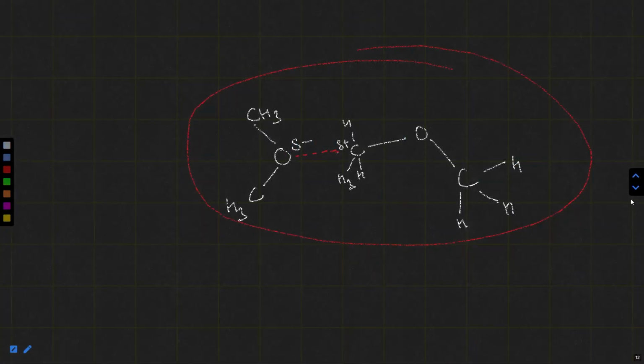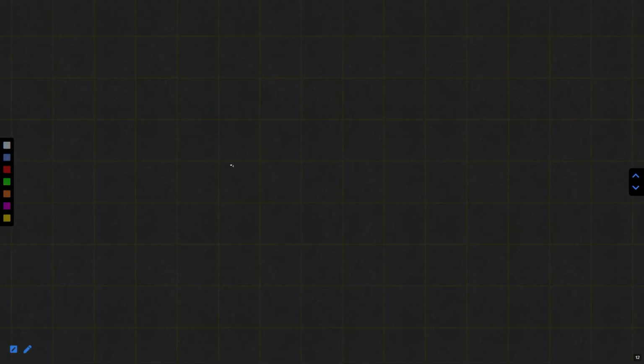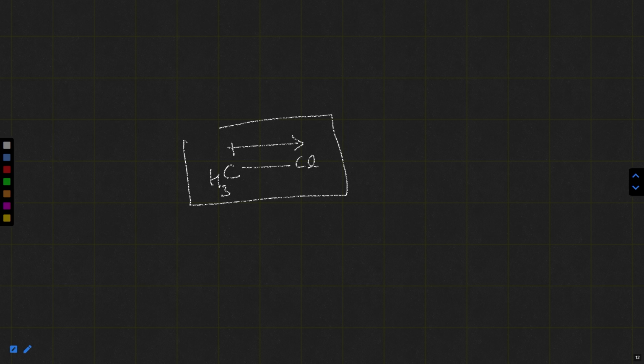Example, if you take it like this, this will have only one dipole moment in this direction. This magnitude of dipole moment will be more in the case of CH3Cl, and it will easily form bonding with another molecule. Due to greater polarity, this interaction will be of higher magnitude. Clear?